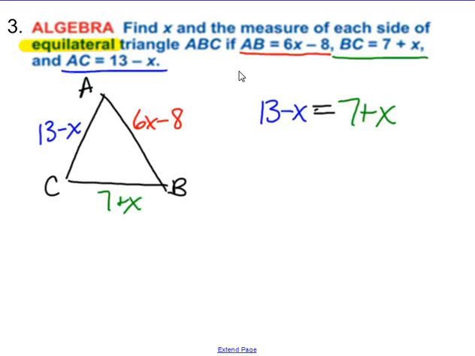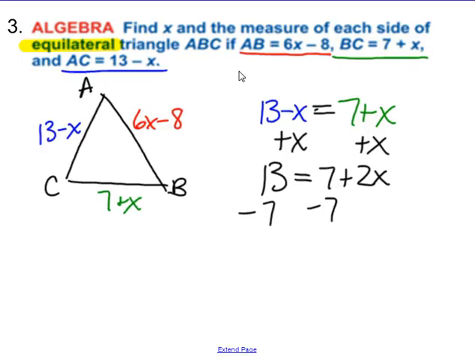So first I'm going to add x. So I end up with 13 equals 7 plus 2x. I'm going to take 7 away, that gets 6. And then we have 2x divided.